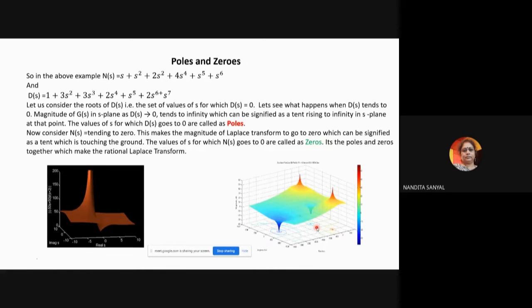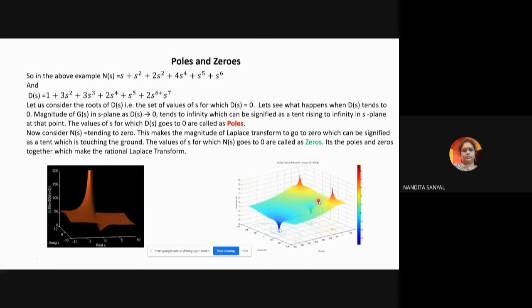It has a real part and an imaginary part, and since there are two variables, it will form a plane. But here we have taken the third dimension. That means we have plotted this in 3D, because this magnitude part is plotted along the z direction, the vertical direction.